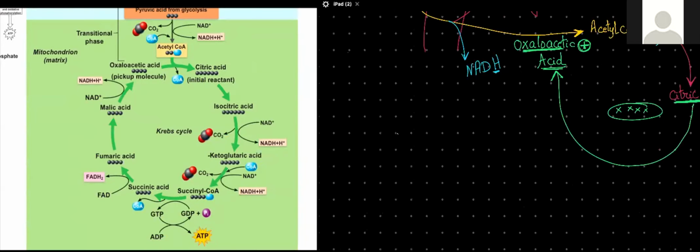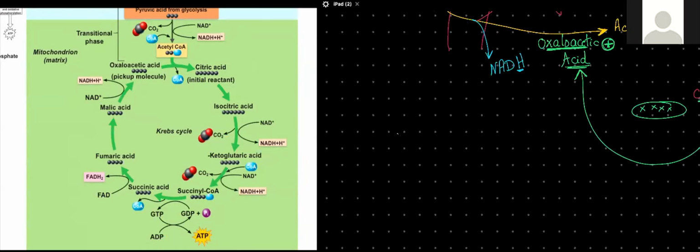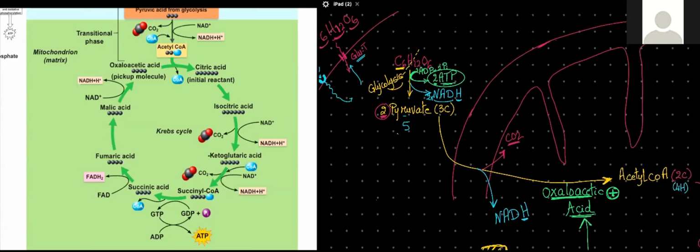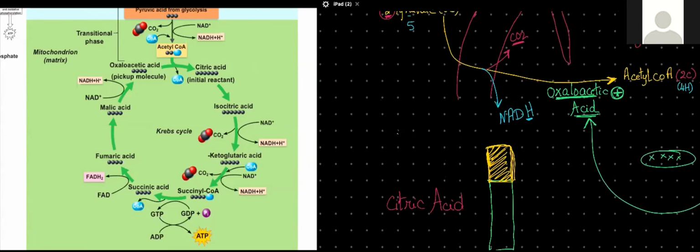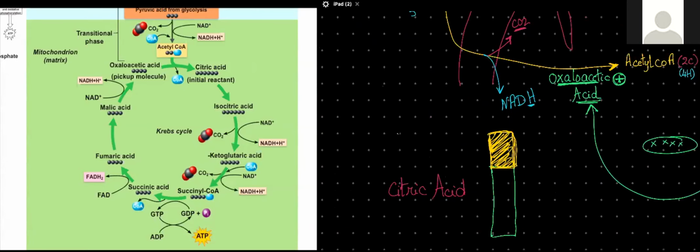So again, what is the citric acid formed of? Citric acid here is formed of oxaloacetate and acetyl-CoA, right? Where did you get the acetyl-CoA from? You've got the acetyl-CoA from the pyruvate, which is coming from the glucose. So this is the glucose part on here.